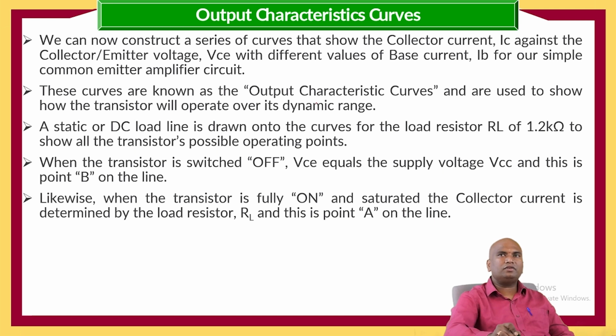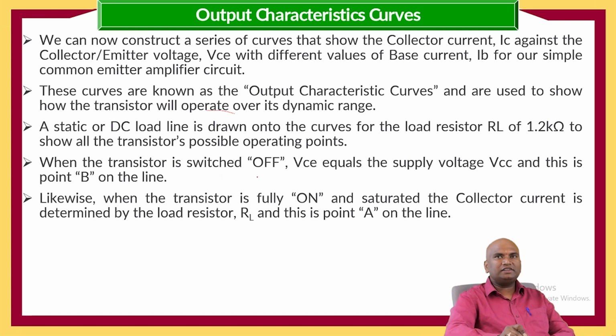These curves are known as output characteristic curves and are used to show how the transistor will operate over its dynamic range. Here, a static or DC load line is drawn onto the curves for the load resistor RL of 1.2 kilo ohms to show all the transistor's possible operating points.